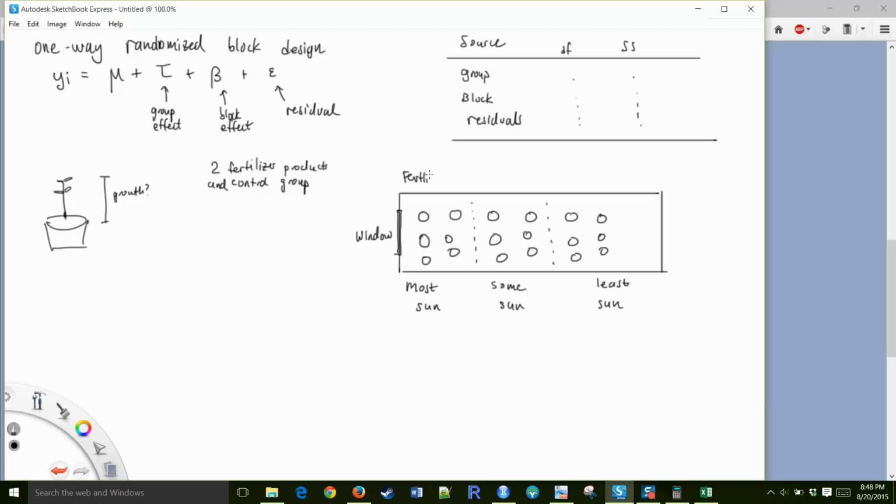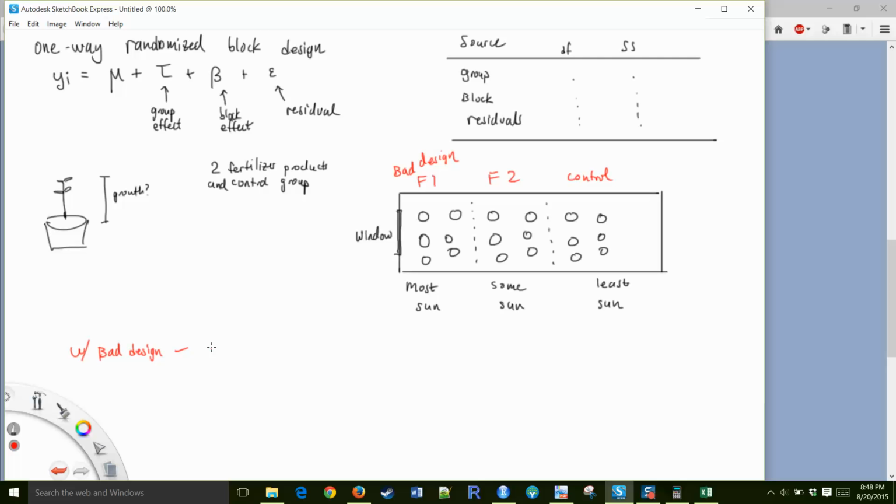Okay, so does this mean fertilizer 1 is the most effective at helping the plants grow? And the answer is no, because the difference that we observe here could very well simply be a result that fertilizer 1 got the most sun and the control group got the least amount of sun. Okay? So that would be bad design, right?